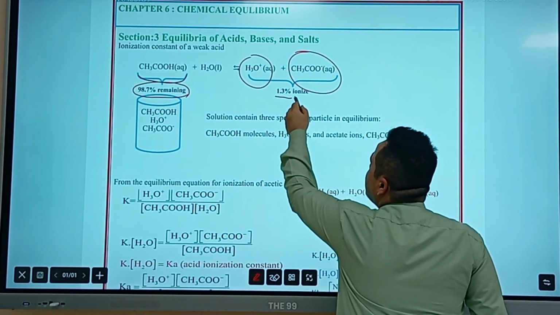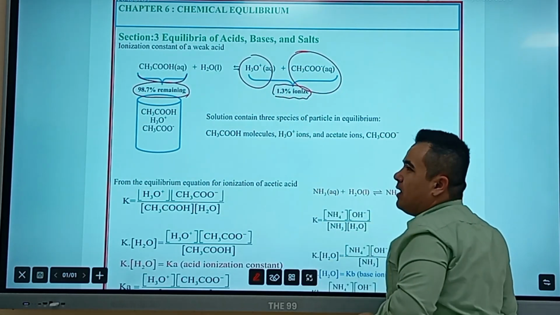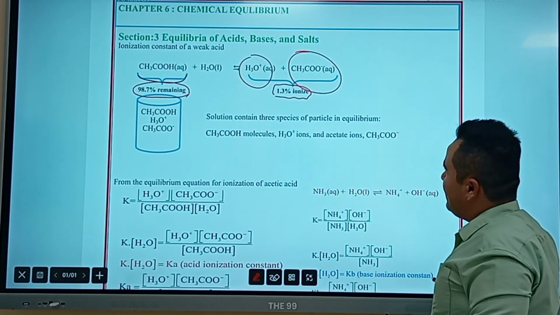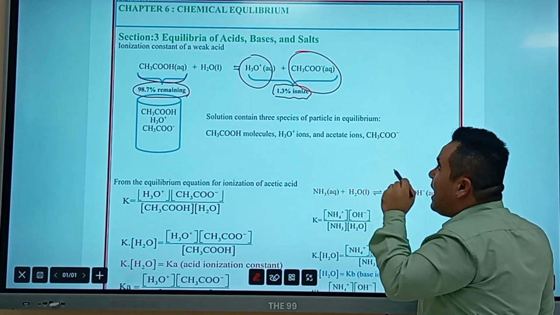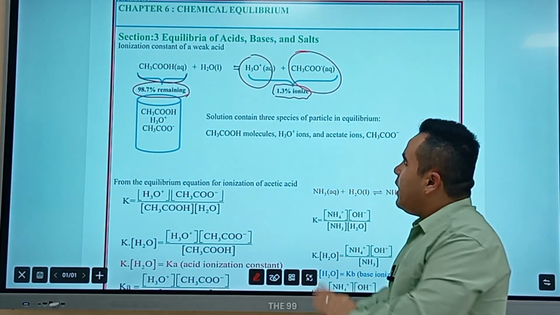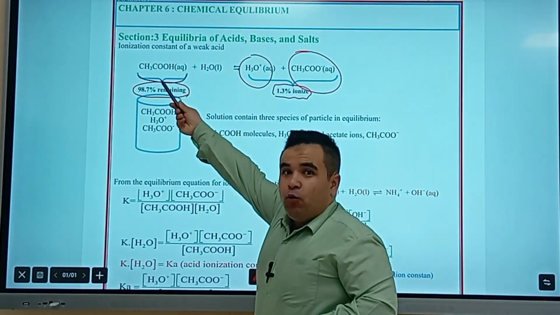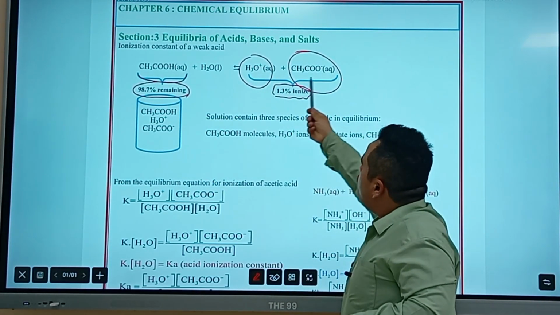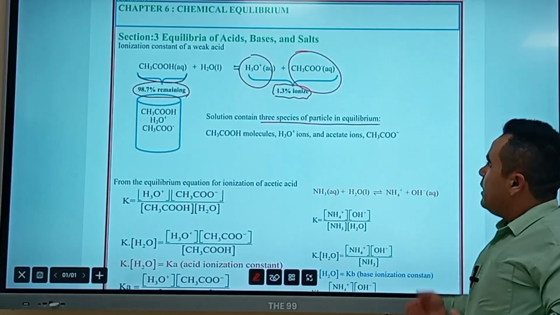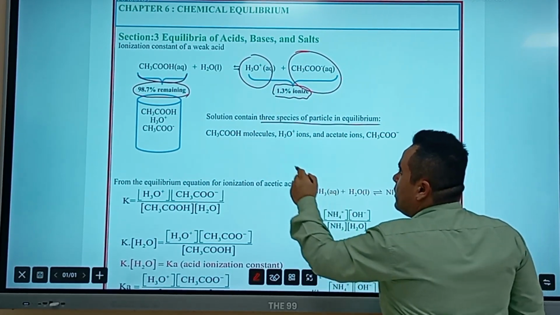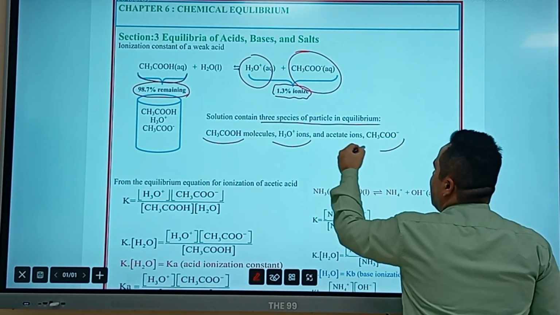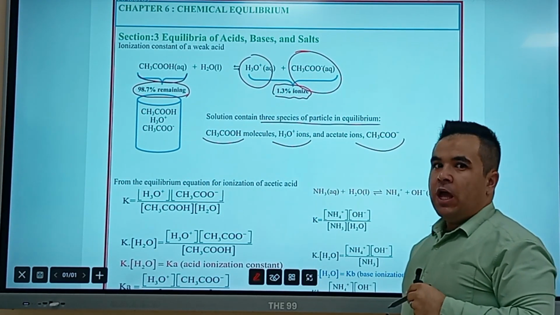But 1.3% of the acid ionizes, forming the ions of hydronium and acetate. Guys, in the above solution, we have three species of particles existing: the molecule of non-ionized acid, hydronium, and acetate as well.